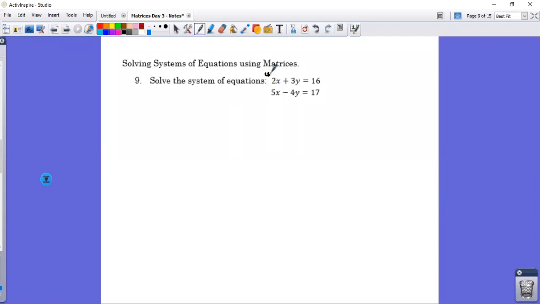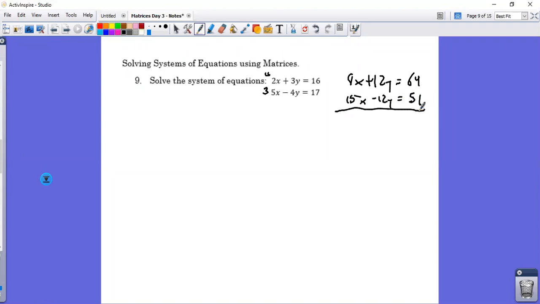So I'd multiply the top one by 4 and the bottom one by 3. So it'd be 8x plus 12y equals 64. And then 15x minus 12y equals 3 times 17 is 51.